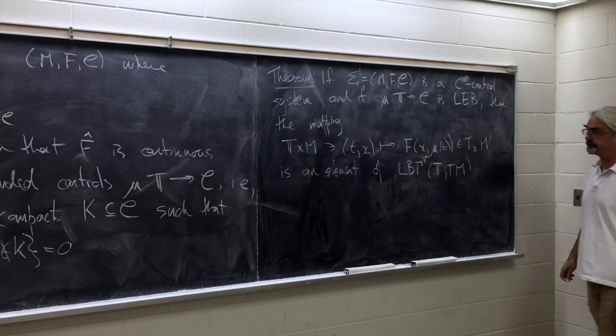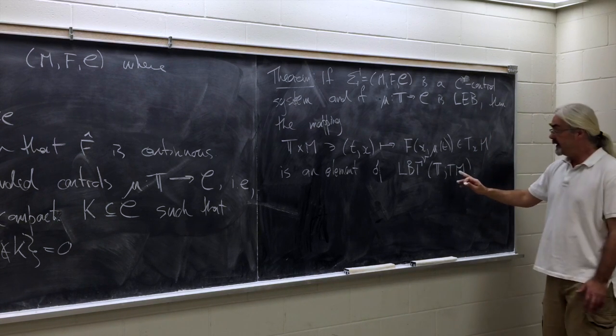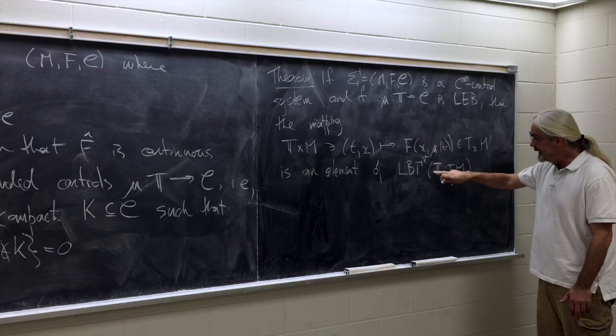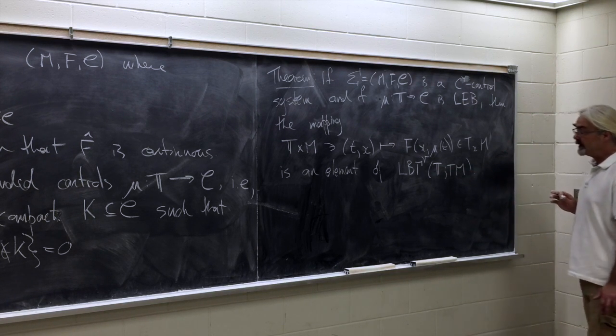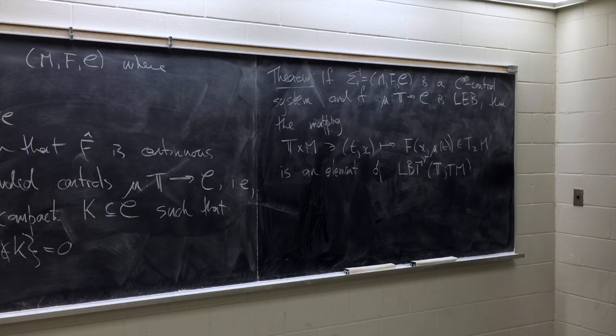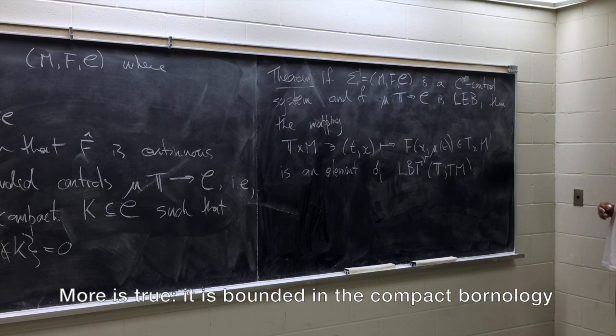So this meant that as a mapping from T into the space of vector fields of class C nu, this map is measurable and bounded in the von Neumann Bornology.